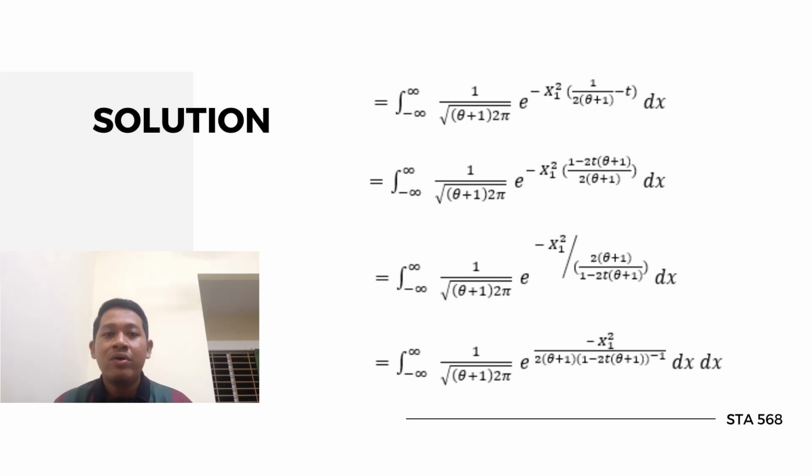To do so, we must swap the value of 1 minus 2t times theta plus 1 with 2 times theta plus 1 and get a new equation, which is e to the power of negative x1 squared divided by 2 times theta plus 1 over 1 minus 2t times theta plus 1. To get a simpler equation, we can bring up the denominator on the condition that we add a power of negative 1.